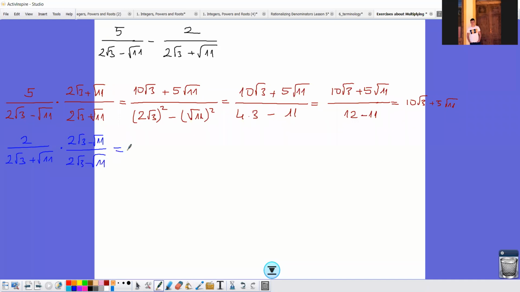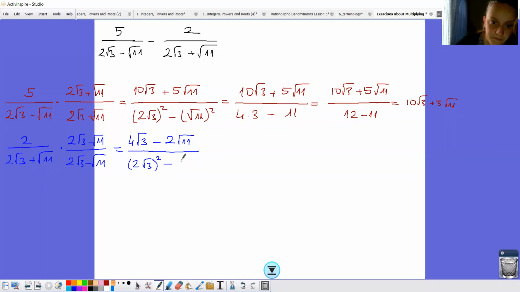And now teacher, 2 times 2 root of 3 is 4 root of 3 minus 2 root of 11. And over 2 root of 3 in the power of 2 minus root of 11 in the power of 2.